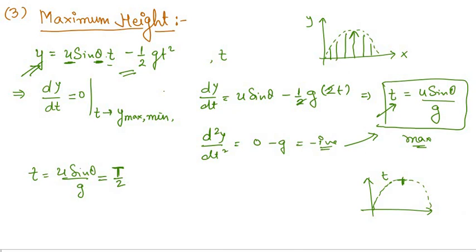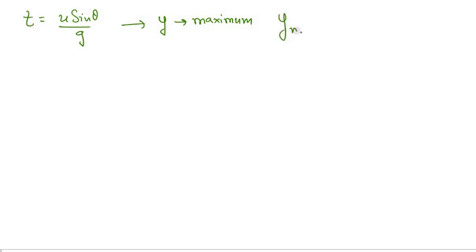Okay, so till now we have calculated that for t is equal to u sine theta upon g, whatever my y will be, that will be maximum. And this y maximum I will be writing as h, that is the maximum height.